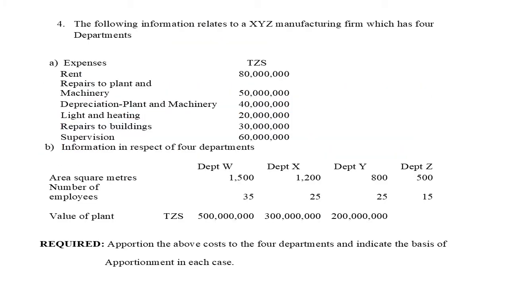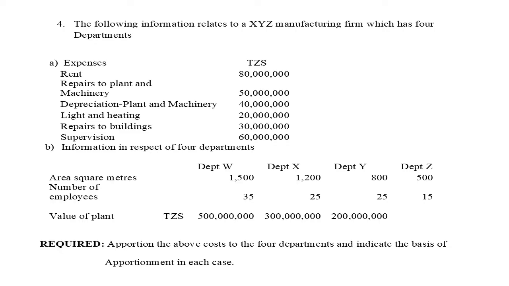So again, let us use this example to show you how we can deal with these common expenses that are shared by all departments. For instance, if we have 4 departments, and these costs have a benefit for all departments.